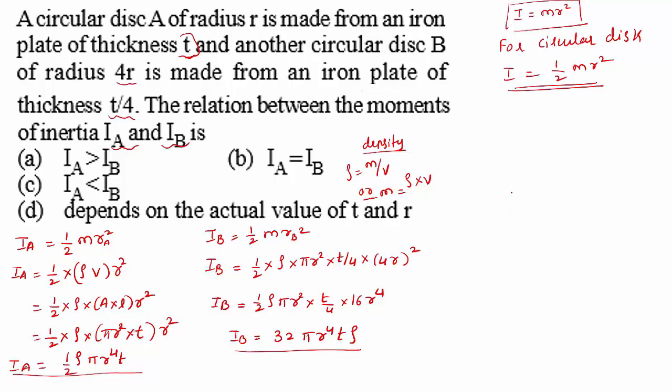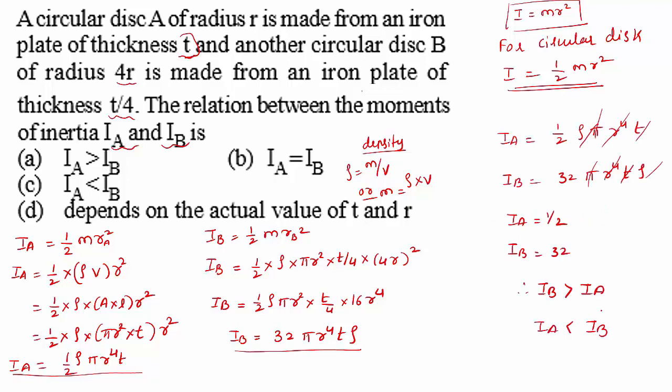So from I_A and I_B we came to know that when we compare these two, I_A is less than I_B, or we can write I_B is greater than I_A. I_A is less than I_B means option C is correct.